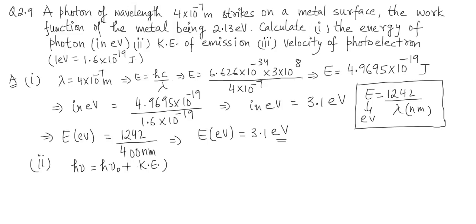In fact, this is kinetic energy max. ठीक है भाई, तो अब क्या करेंगे, h nu, तो इंसिडेंट एनर्जी हमें पता ही है, this is 3.1 और वर्क फंक्शन is 2.13.